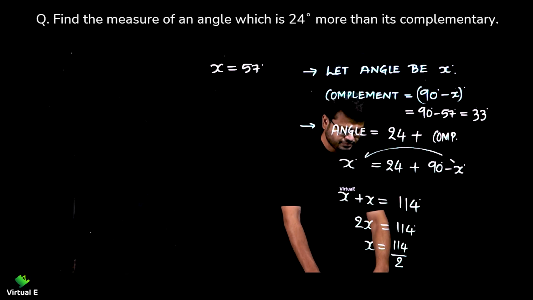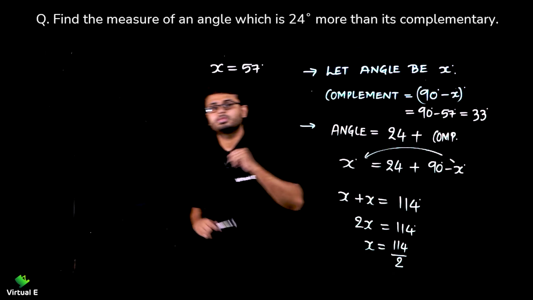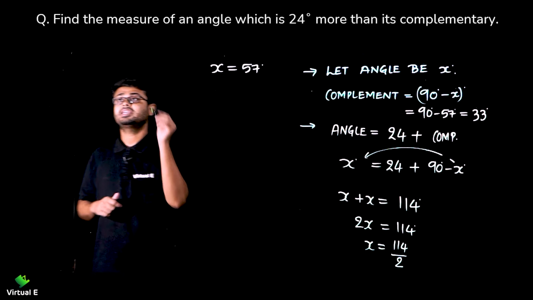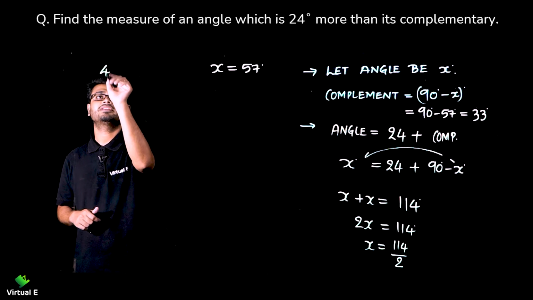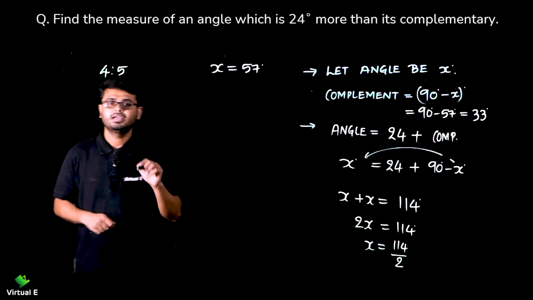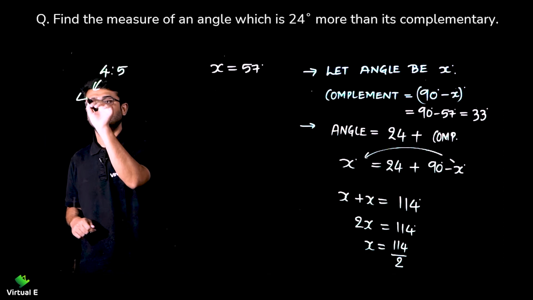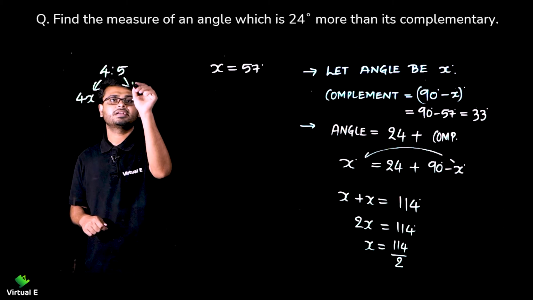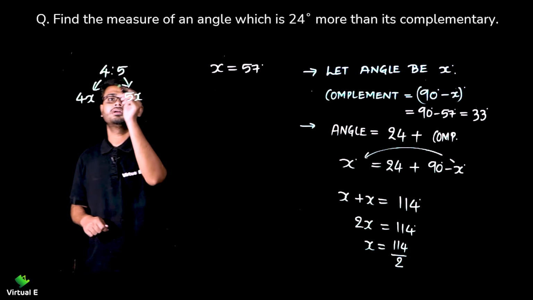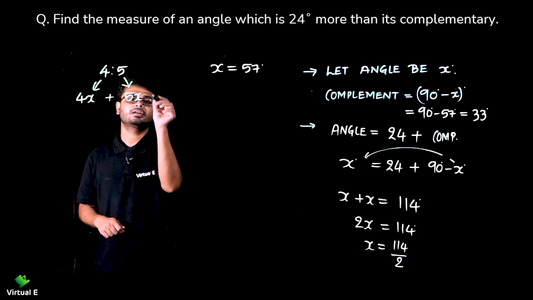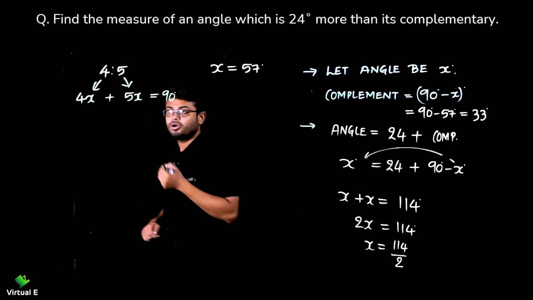You will be having some relation like this over here. Angle is equal to 24 plus its complement. Suppose you had the case of ratio, that two complementary angles are in the ratio 4/5, then how do we do that? In that case, you need to take one angle as 4x, another angle as 5x. Done? Now, if we add those two angles, what shall we get? 90 degree. Why? Because they are complementary.